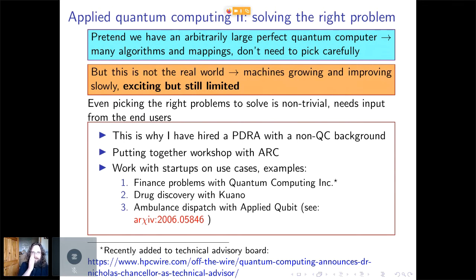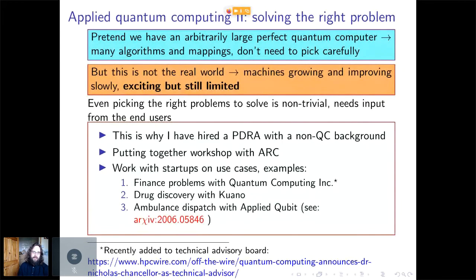So you don't want to just pull one of the many algorithms people have worked out off the shelf and say, okay, we'll just do this for this problem, and we know it'll give us some huge advantage because it's been proven. You have to think about how your real physical hardware is limited. And even picking the right problems to solve is non-trivial.